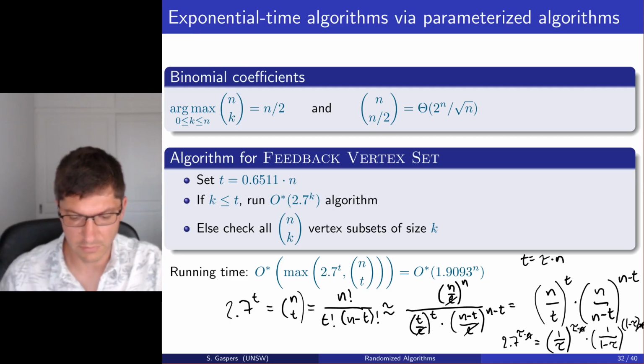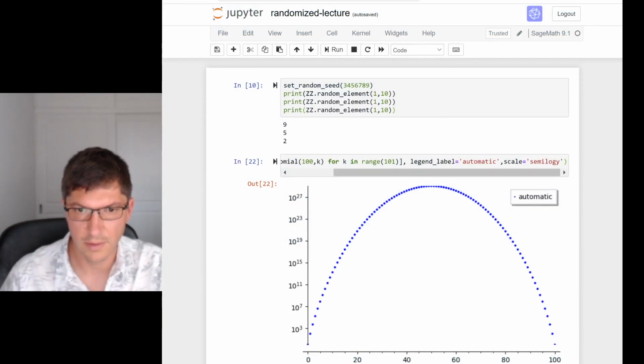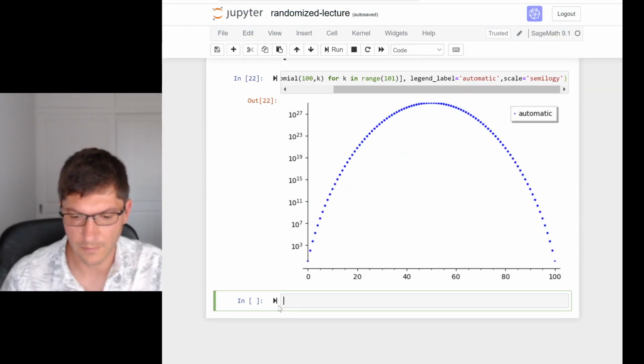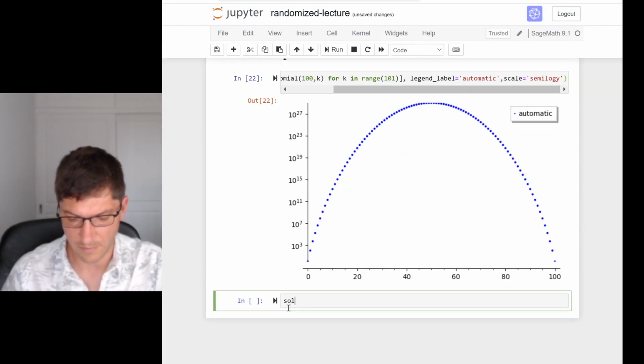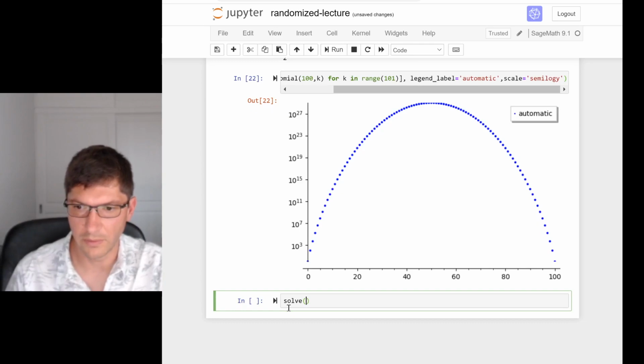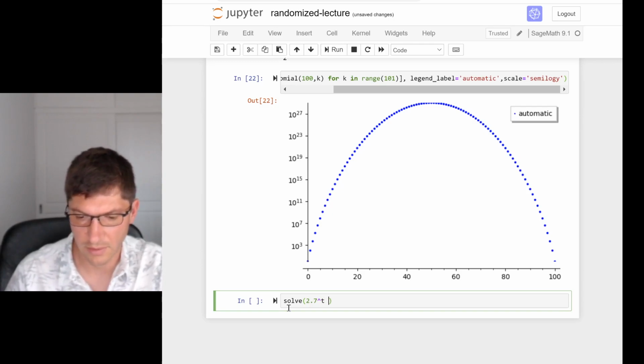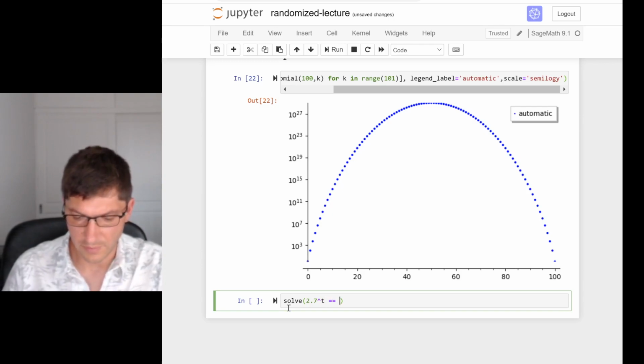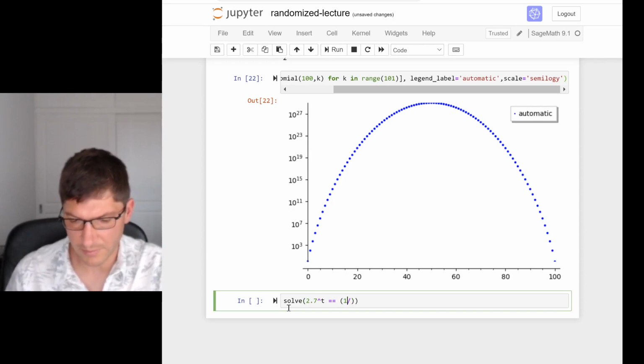So let's see if we can solve it. So let's try and solve 2.7 to the power, I'll use x instead of tau, otherwise I need to define a new variable.